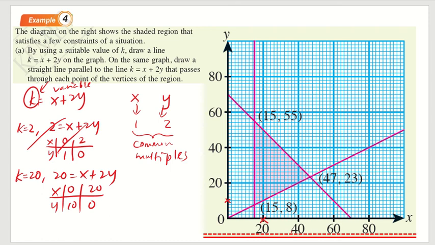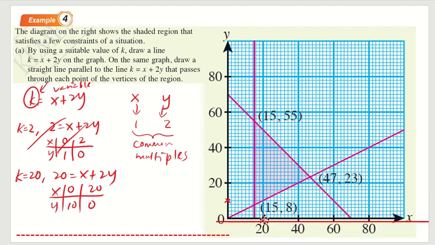So now what you can do is keep this line. You can draw the line out. Okay, we draw the line. So this is the line for the equation K equal to x plus 2y.